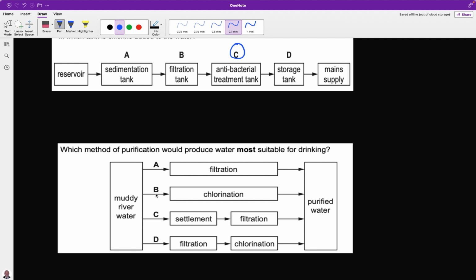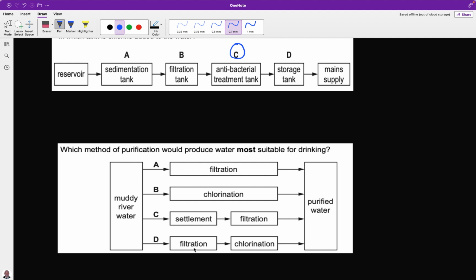B also treated it just by chlorination and was used for drinking. C, they did settlement, that is sedimentation, and the filtration, removing all the various particles, and it was used for drinking. D, they did the filtration.